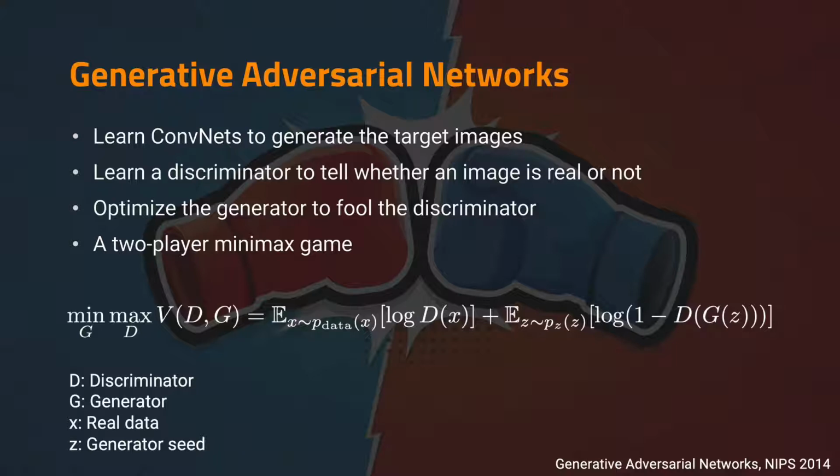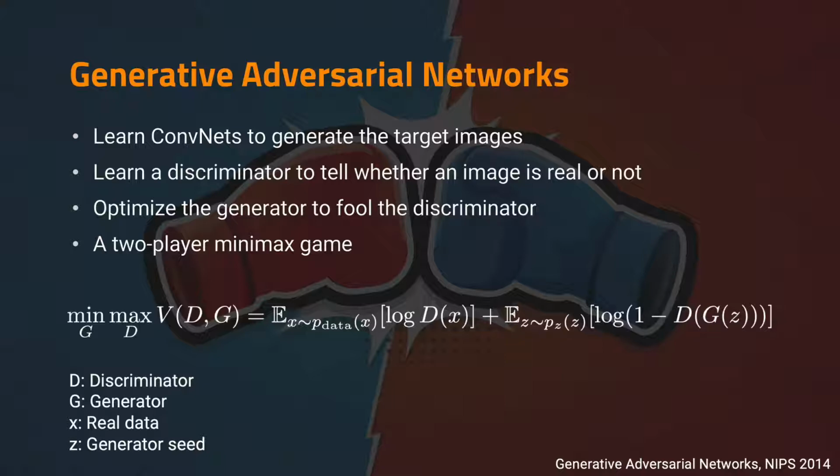The core idea and the technique behind this is generative adversarial networks. In terms of computer vision tasks, it basically means two things. The first thing is to learn a convolutional network to generate the target images. The convolutional network can be a fully convolutional network, which will map from one type of image to the other type of image, or it can be a pure upsampling network that can map from a random vector to a new image.